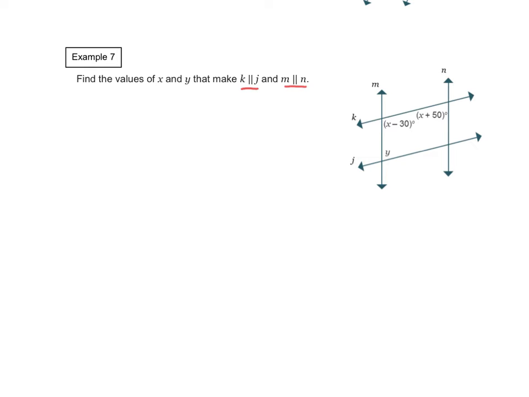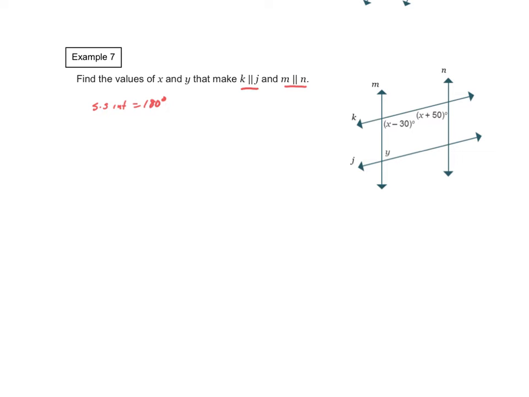So this and this would be same side interior angles. Remember, your same side interior angles equal 180 degrees. That's the converse. So if my same side interior angles equal 180 degrees, then M and N would be parallel. Then I would need to find the value of x that makes that true.